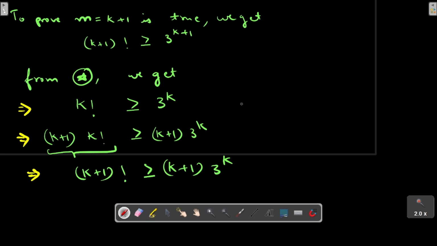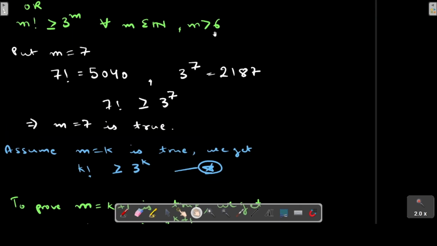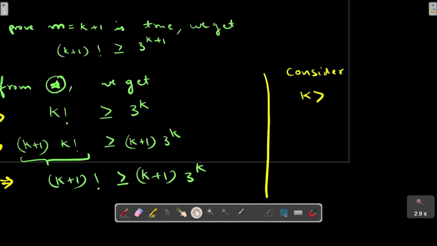Now let's look over here. We're going to consider k is greater than 6, because the result holds for all natural numbers m greater than 6. It means k is greater than 6. Then k plus 1 will be greater than 7, so it is automatically greater than 3.